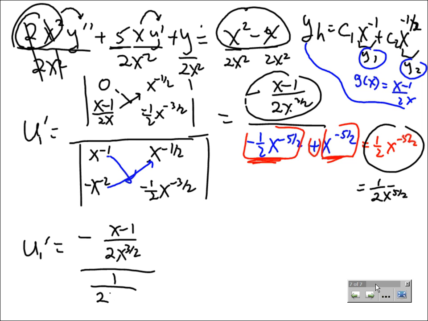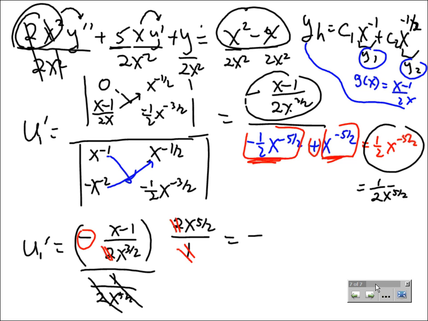But instead of dividing by that, I can multiply by the reciprocal, which is 2x to the 5 halves. Well, it's negative. The 2's are going to cancel.